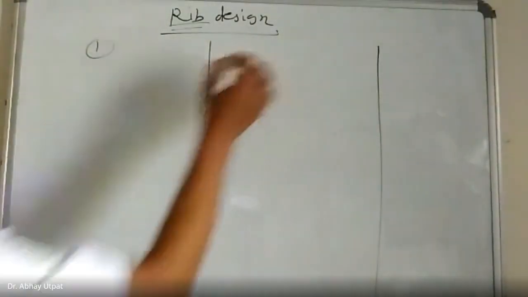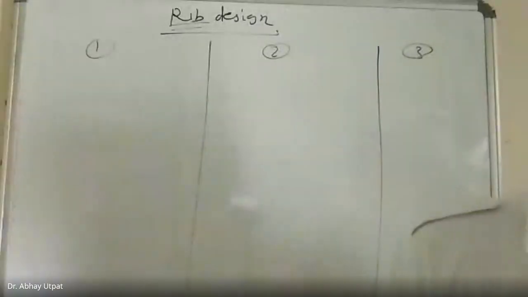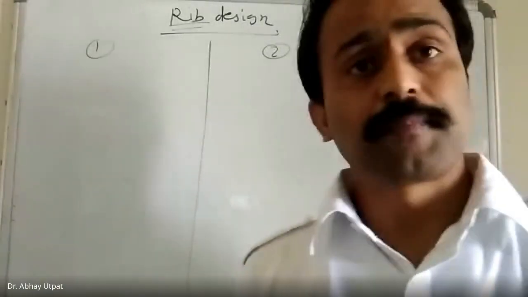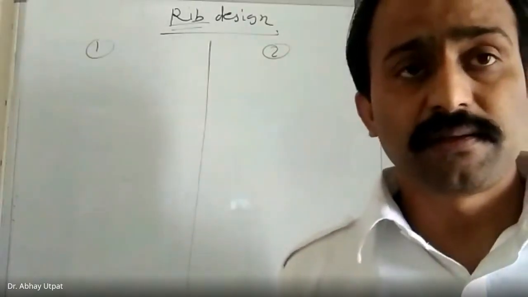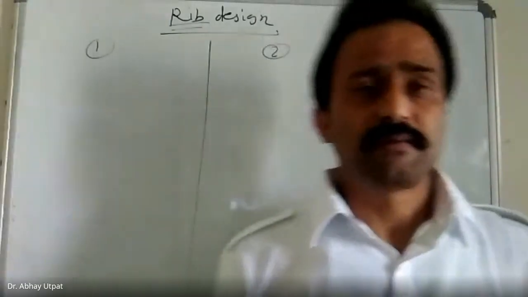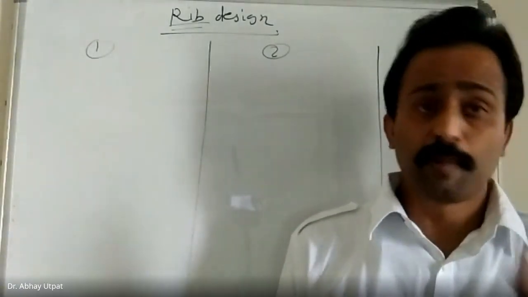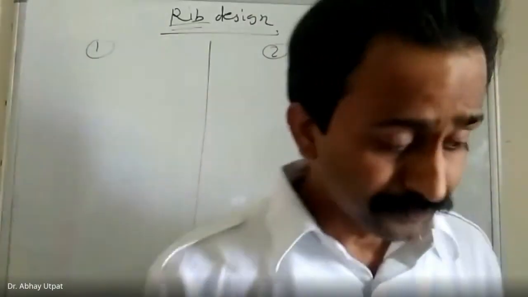First, remember, whatever guidelines I am explaining, many times these guidelines are asked in the form of MCQs in the examination. So remember it well and write down without fail.